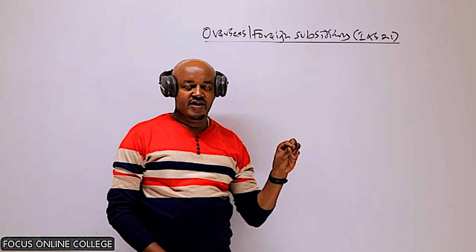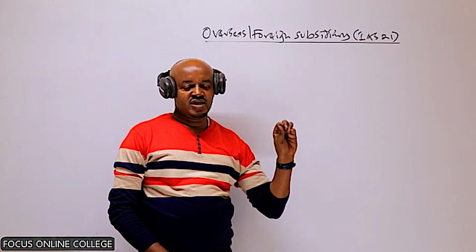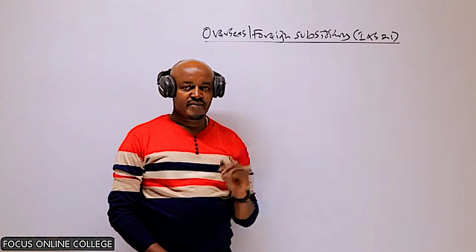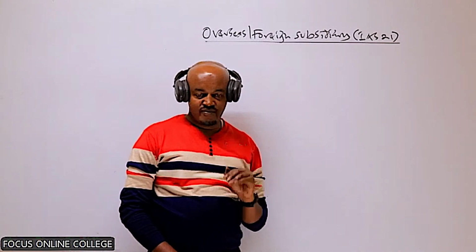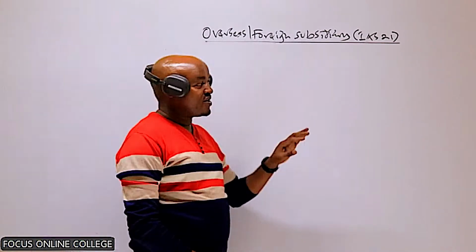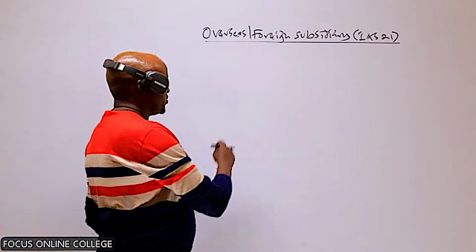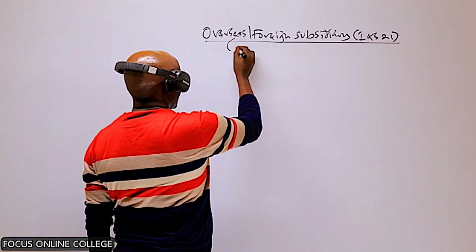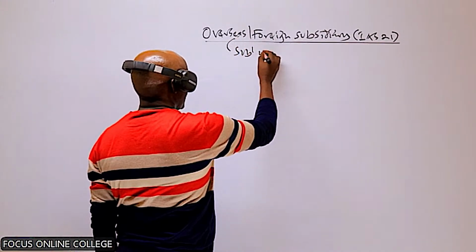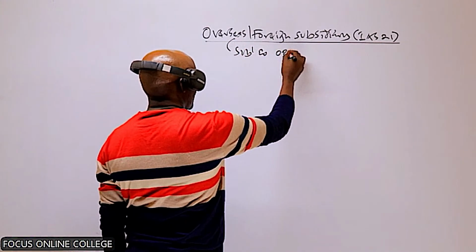So that particular subsidiary is operating in a different country from the parent company's country of operation. Such a subsidiary, we refer to as an overseas, or a foreign subsidiary.